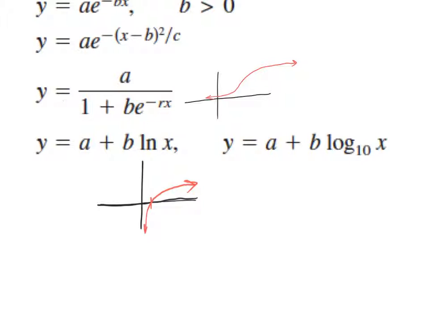But this can be used for epidemics, and also for something like the growth of a city. At some point you're going to reach the point where your city simply can't hold any more people. At first you may have a real small town, but then it gets popular and people start moving there, and as people move there, it becomes even more popular, more people hear about it, and the population really booms.